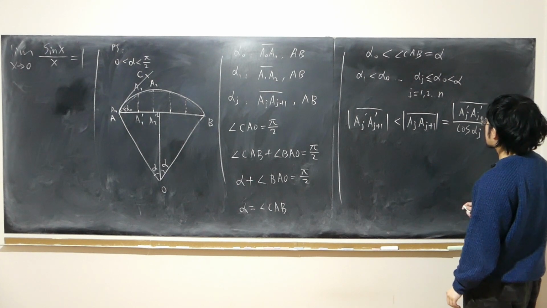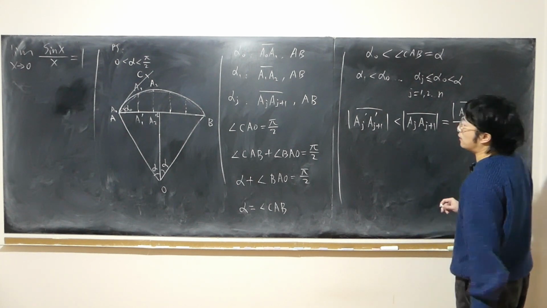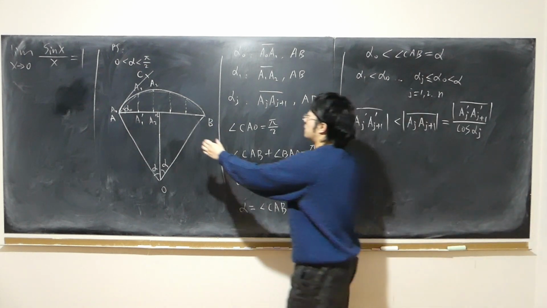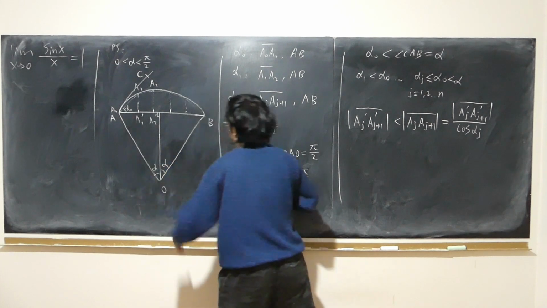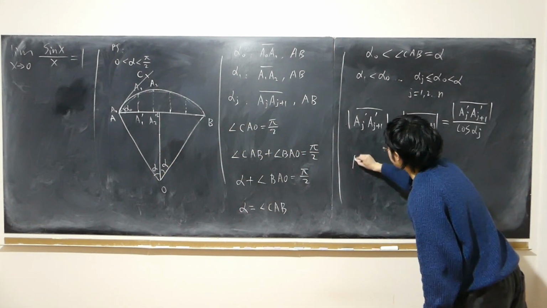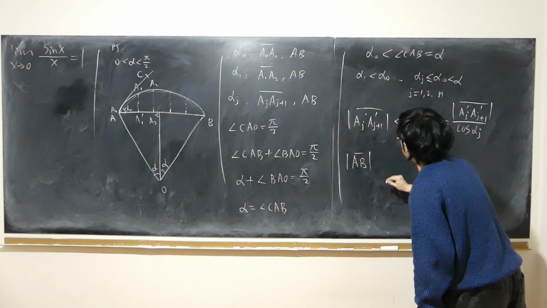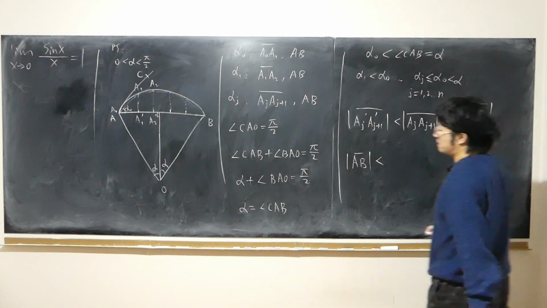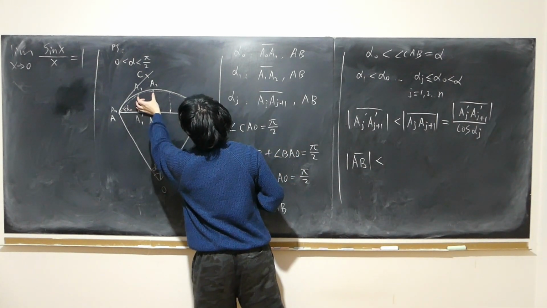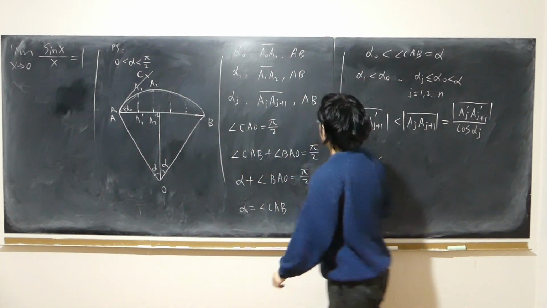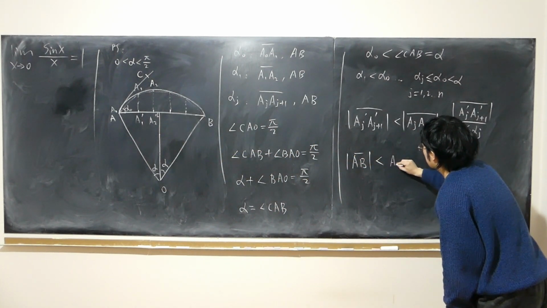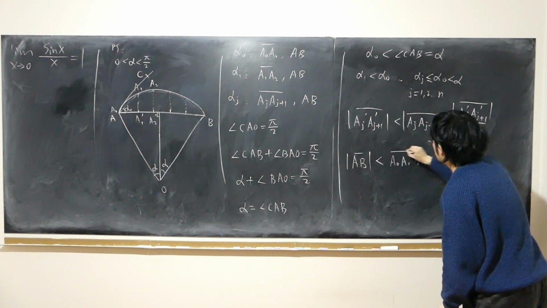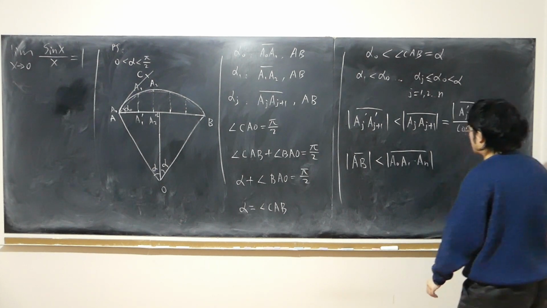Then we can just add them all up, j goes from 0 to n. So line segment AB, its length is smaller than this line segment plus this line segment plus this line segment. It just uses this notation, A0, A1, all the way to An. This is a notation.